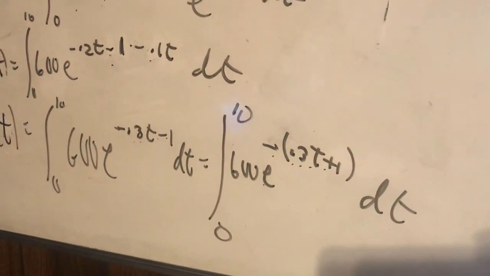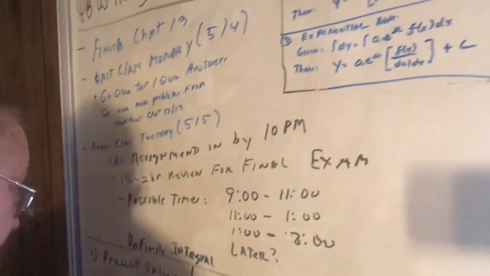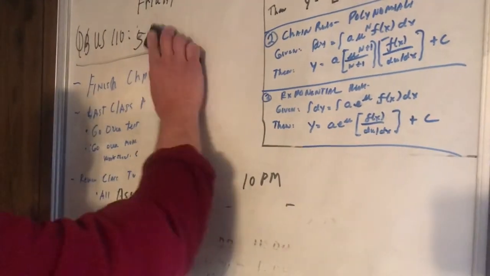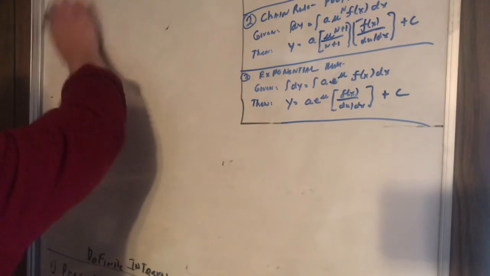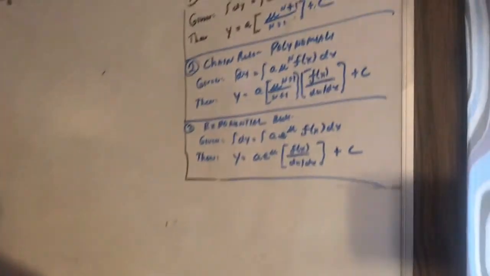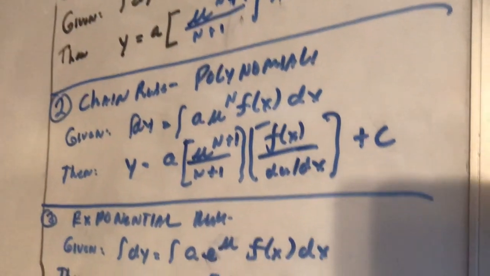Now, we have to solve that. All right, that's an integration problem. So let's use our rules for integration, and they're right over here. We're going to pick number 3, the exponential rule.